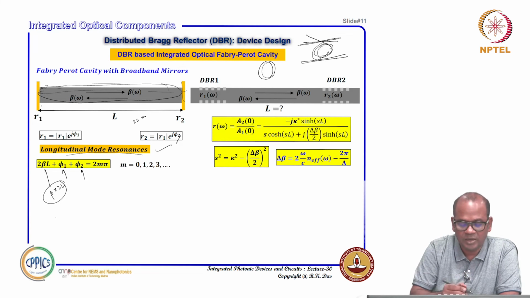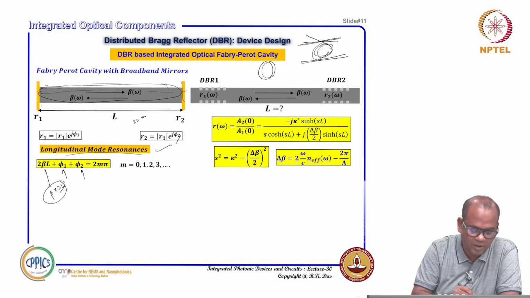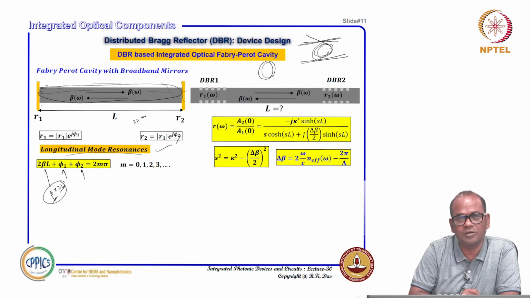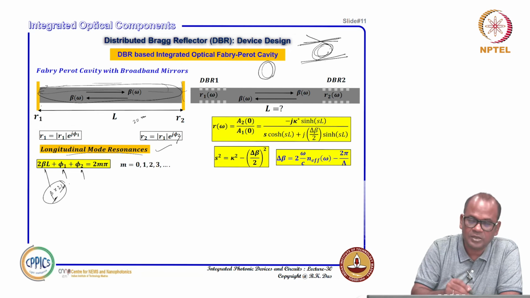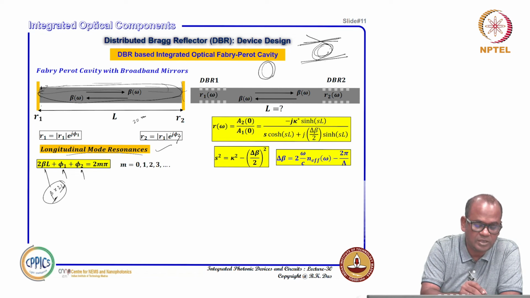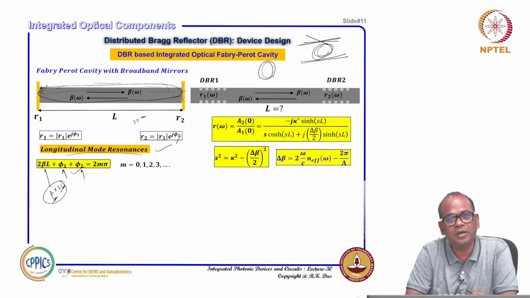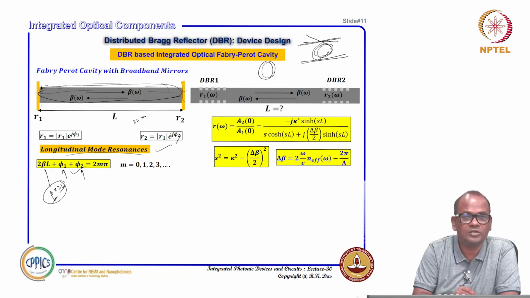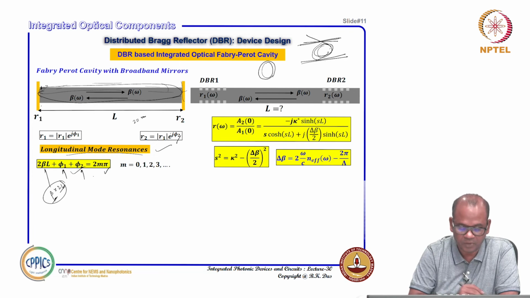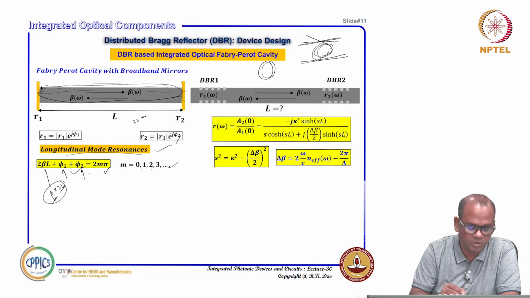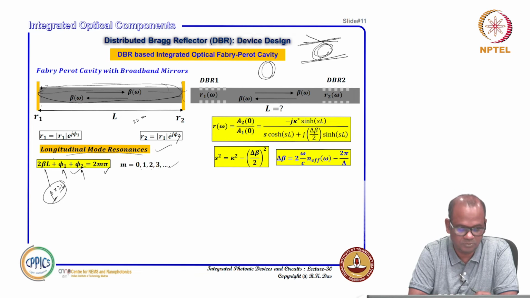In a round trip it undergoes two path lengths, forward and backward, 2L, multiplied by beta, plus two reflections. Starting from here, one reflection with phi 2, and coming back another reflection phi 1. So the total round trip phase is 2 beta L plus phi 1 plus phi 2 equal to 2 m pi. M can be 0, 1, 2, 3, 4 depending on the phi 1 and phi 2 values.